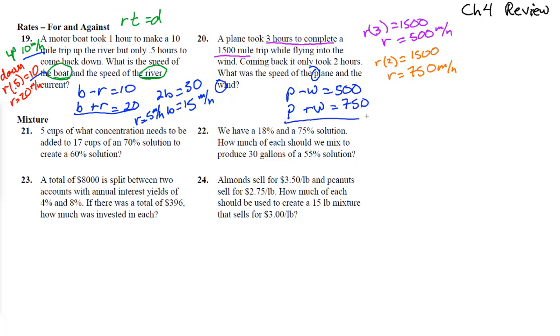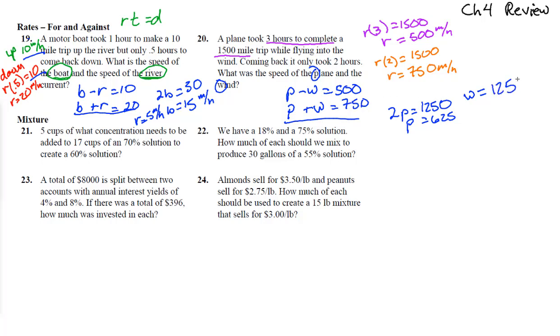Okay, so look, we're set up with a system of equations, two equations and two variables. So now we add them and we get 2p equals 1250. So that means p is 625. So the plane speed is 625 miles an hour and the wind speed, you stick that in, plane plus the wind has to be 750, subtract 625 and you get 125.